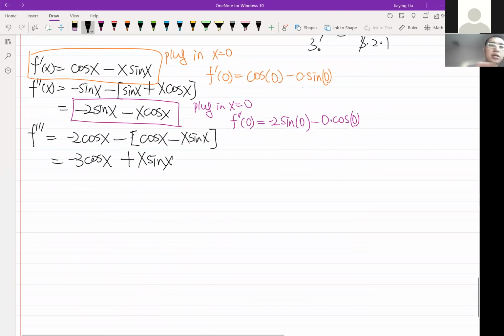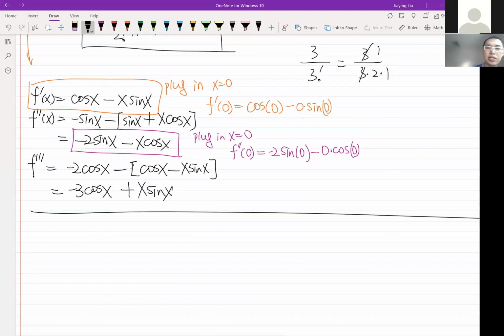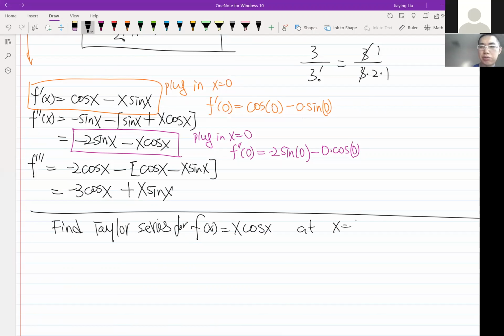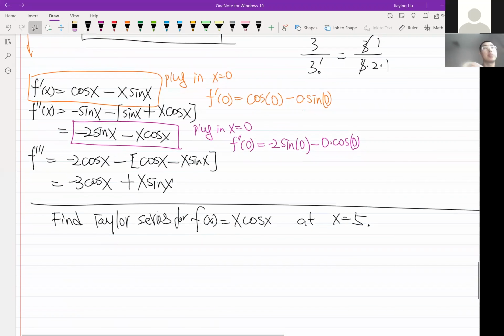Since we already have the derivatives, let's say the question is: find the Taylor series expansion of f of x equals x cosine x at x equals 5. For the Taylor series, it's the same.